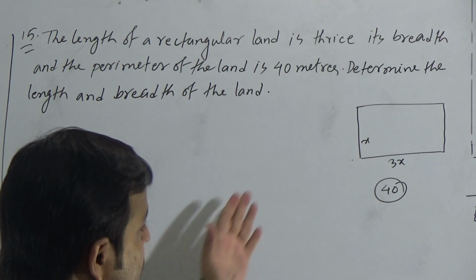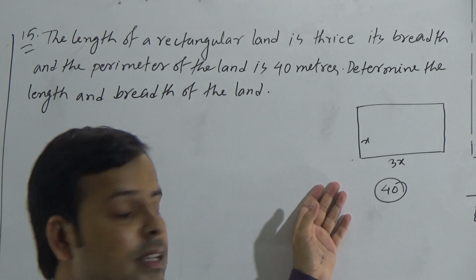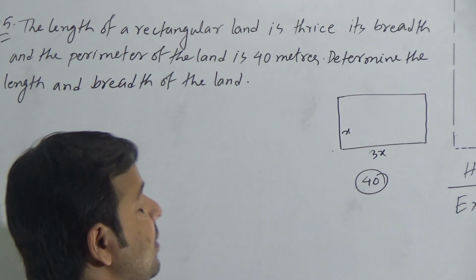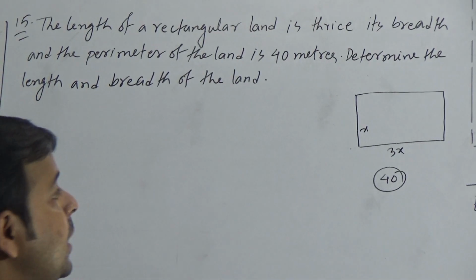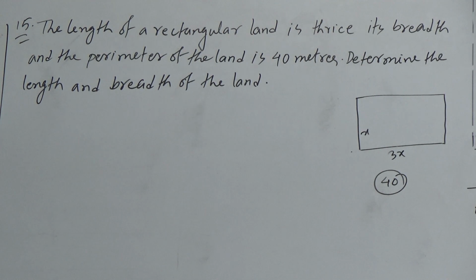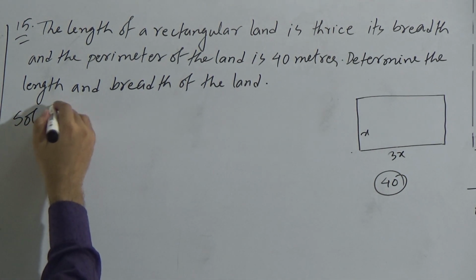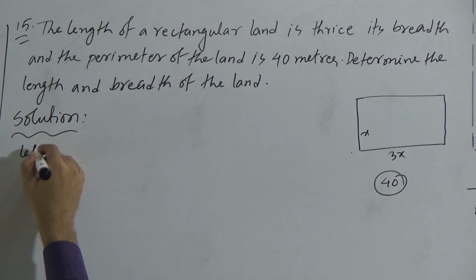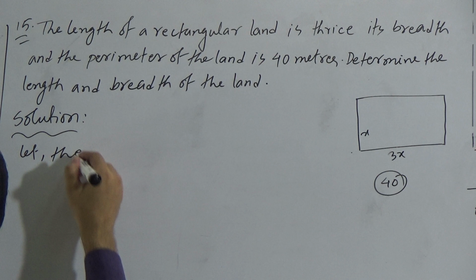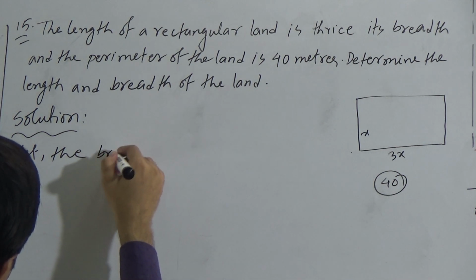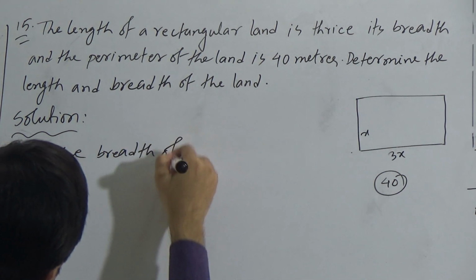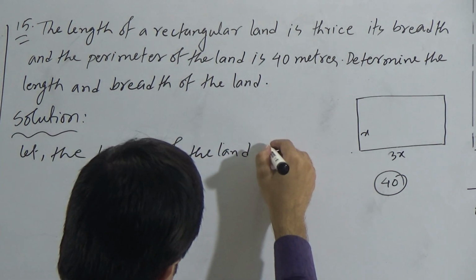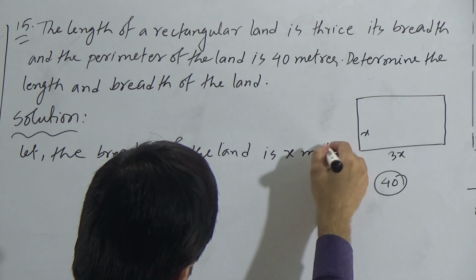Dear students, you know the perimeter of a rectangle is the addition of 2 lengths and 2 breadths, and for this you know a formula. Okay, dear students, now let us solve the question. Let the breadth of the land is x meter.